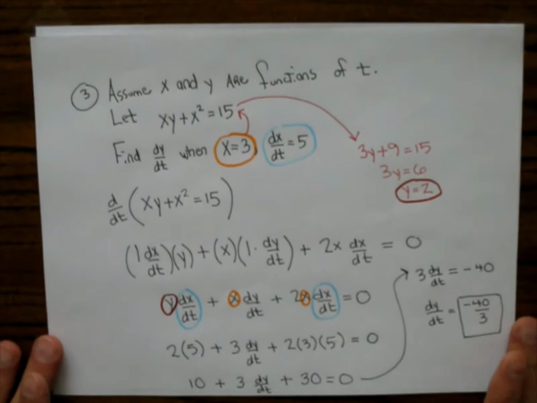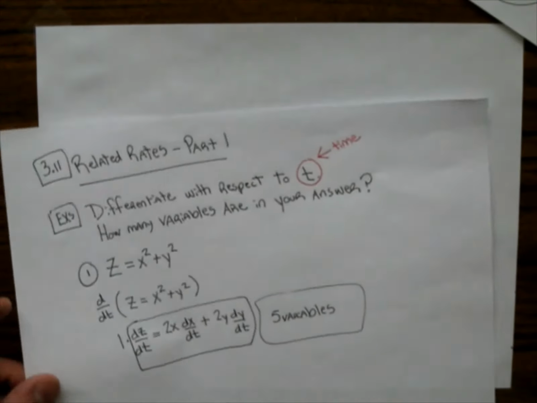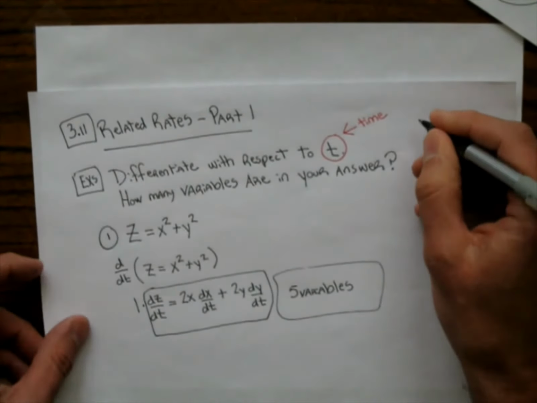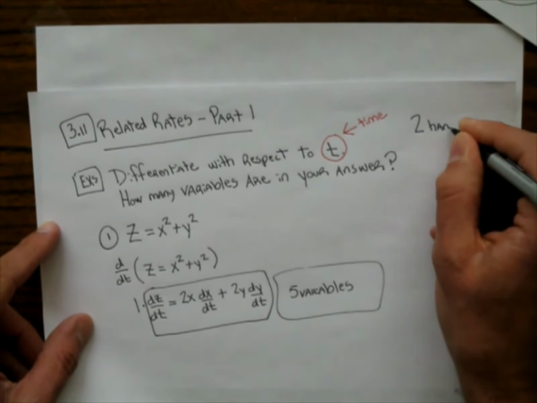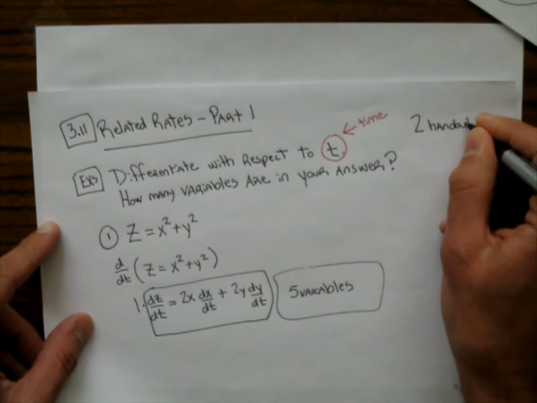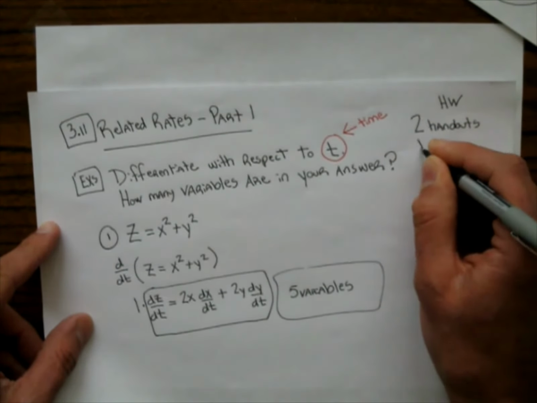Okay, so the next thing we're going to do is remind you that with related rates there are 2 handouts for the homework, and we have the bookwork.